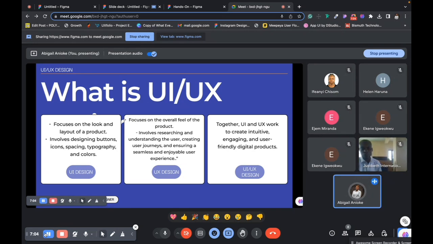UI entails, or focuses on, the look and the layout of a product. Let's say, for instance, the Google Meet we are using at the moment, or let me say the Telegram app. If you notice, the Telegram app has sections. The left panel is where you get to see the people you've interacted with over time, your messages. When you have a new message pop up, you see it there.